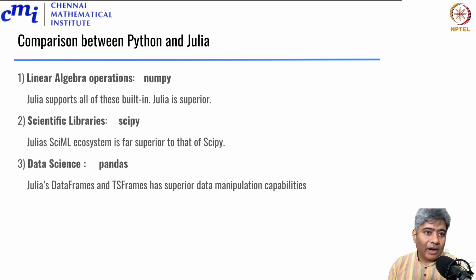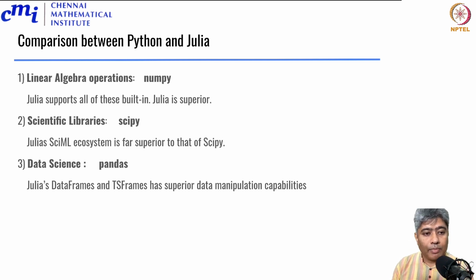I have presented a comparison between Python and Julia, between different packages. For example, if you want to do linear algebra operations, you need to have the NumPy package. But Julia supports all of that built in, and in time performance, Julia is superior.